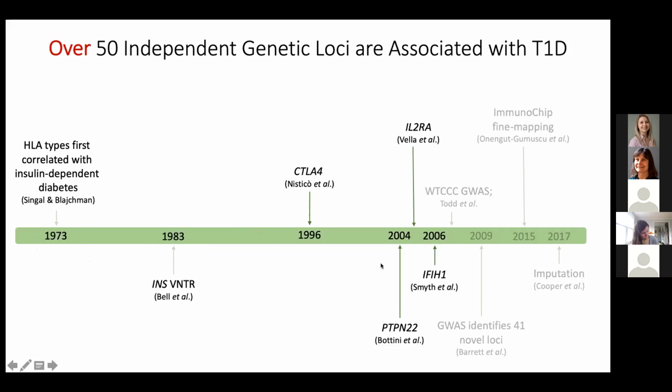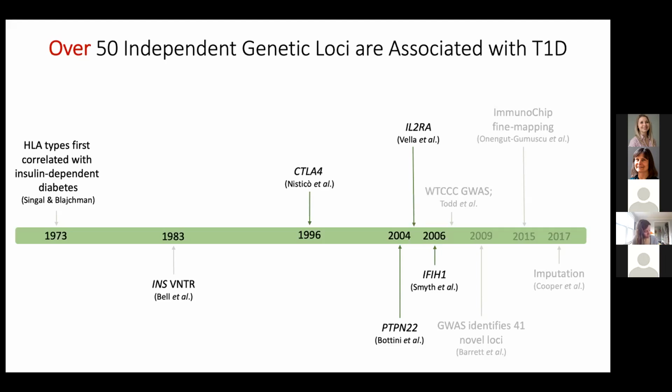Then candidate gene approaches identified several more genes. By 2006, we had 6 regions in the genome with strong evidence of association with type 1 diabetes.